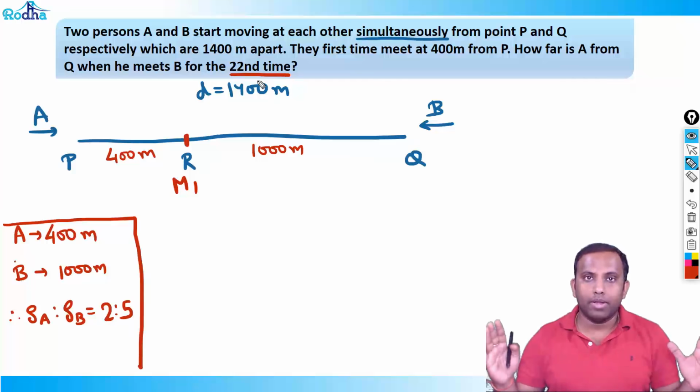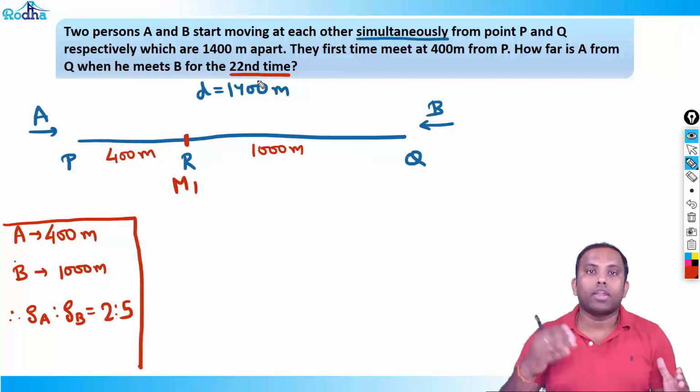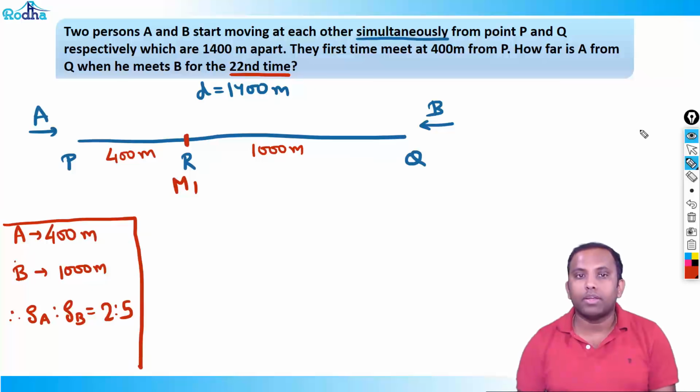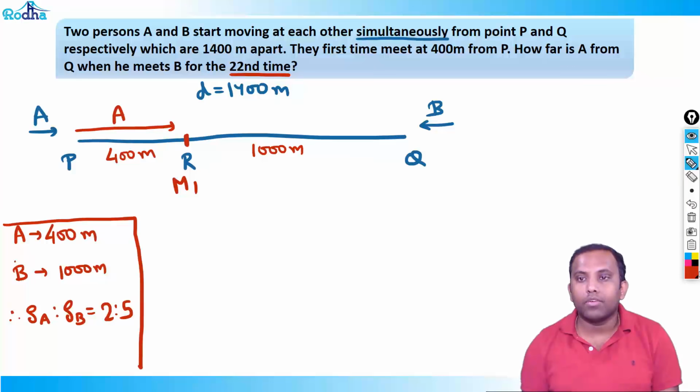Till the first meeting point, distance traveled is D, and from then on after every meeting, distance traveled is 2D. I can show you once again here. A has covered from here to here, covering 400 meters, and B has covered from here to here, covering 1000 meters.